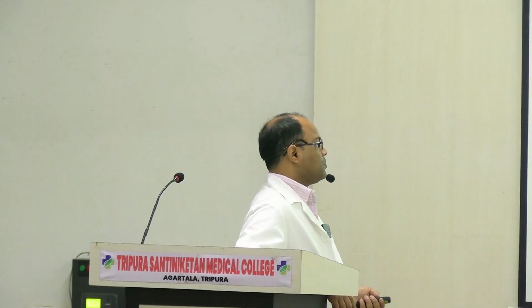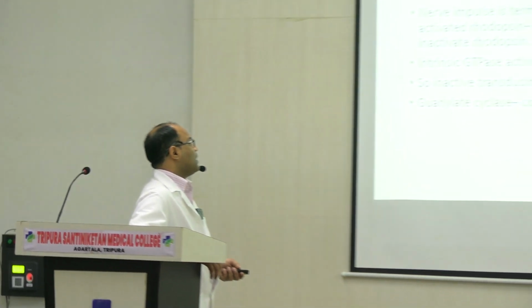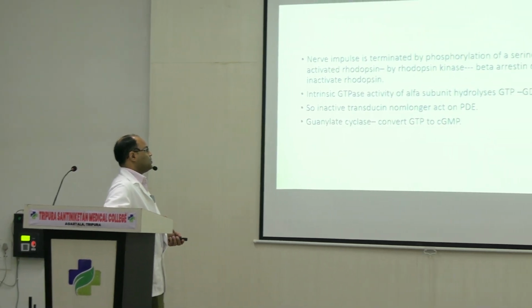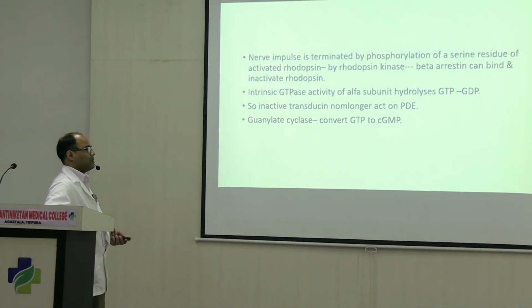So how does this process stop? Nerve impulse is terminated by phosphorylation of a serine residue of activated rhodopsin by the rhodopsin kinase enzyme. This causes beta arrestin to bind and inactivate rhodopsin.